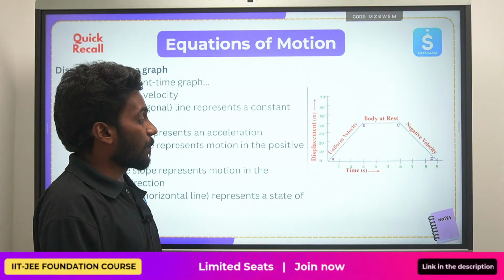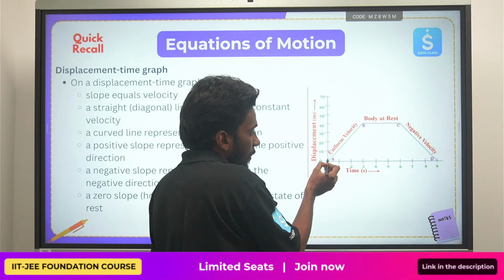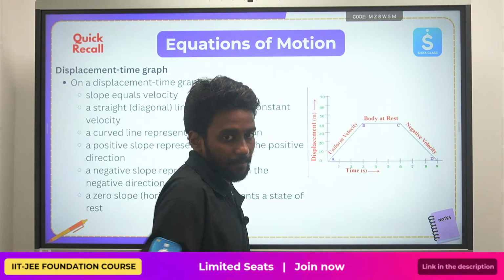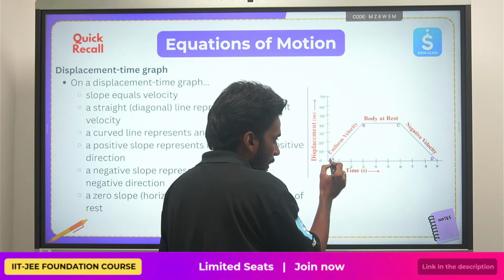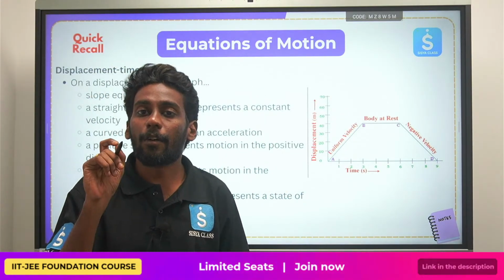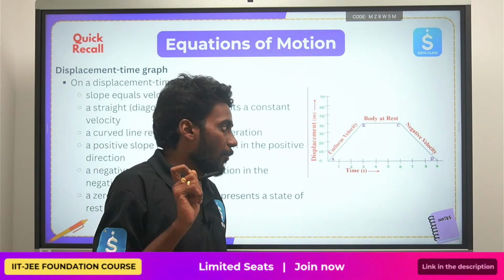When coming to the displacement time graph, if your graph is an inclined straight line making some angle with the x-axis, it means your object is moving with some uniform velocity.